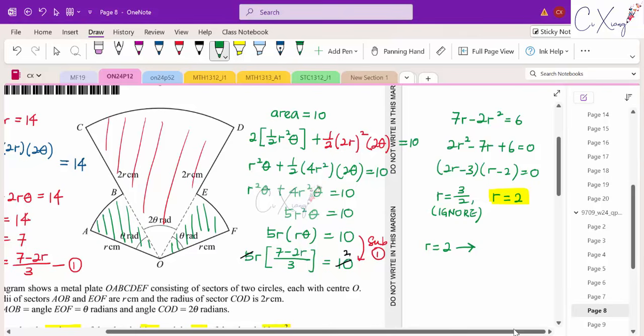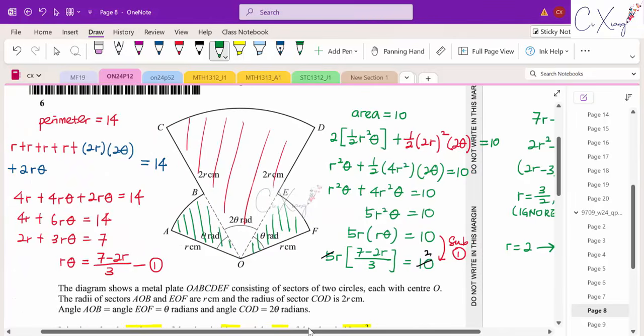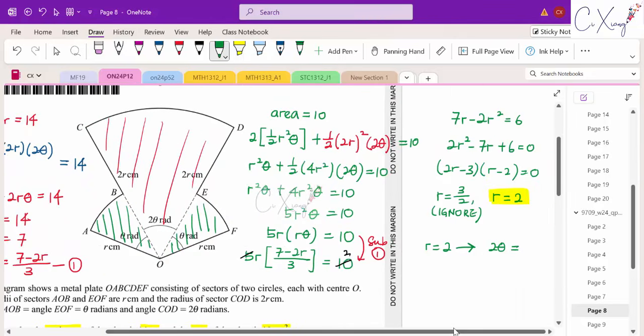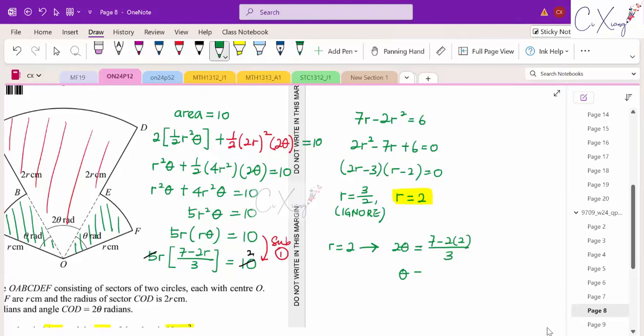So r theta means 2 theta equals 7 minus 2r over 3, so 7 minus 2 times 2 over 3. If you simplify your answer, by right you should have 1 over 2 for the value of theta.